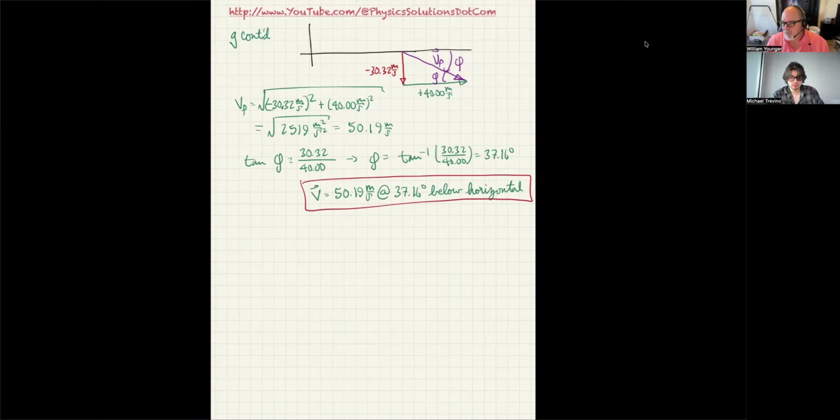Now, I'm going to do it symbolically because I need to teach you. If you look in your book, for instance, it says in chapter 3, we cover vectors and scalars, addition of vectors, graphical methods, subtraction of vectors, and multiplication of a vector by a scalar, adding vectors by components, unit vectors, vector kinematics, projectile motion, solving problems involving projectile motion, and then relative velocity.